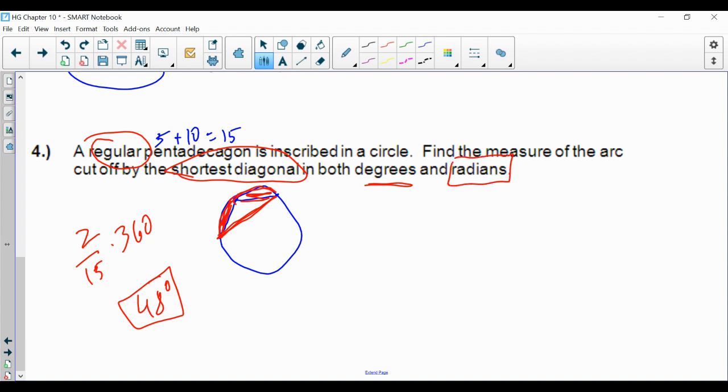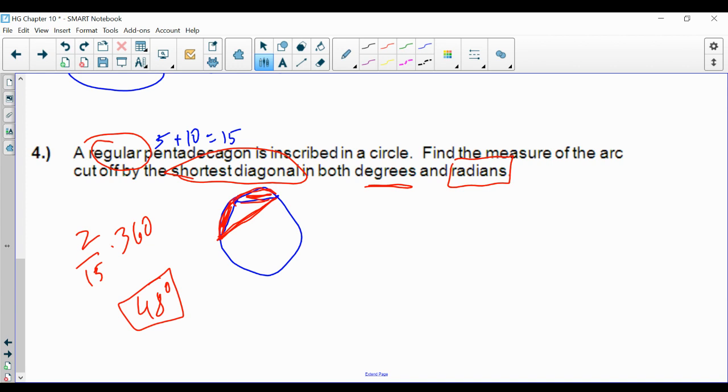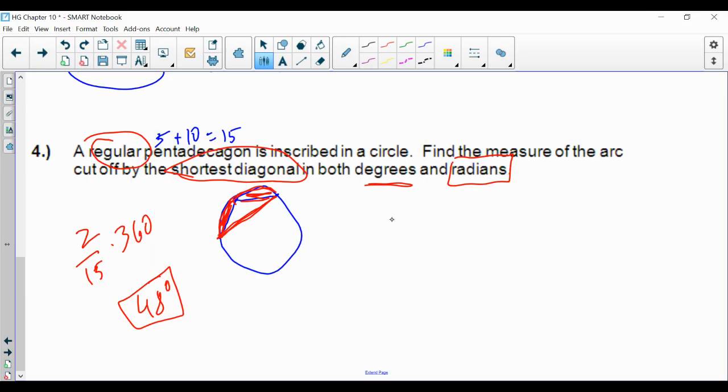Radians is another type of measurement for angles, and it's based off the radius of a circle. And so the big thing is that one circle is 360 degrees, well, in radians, a full circle is 2 pi.